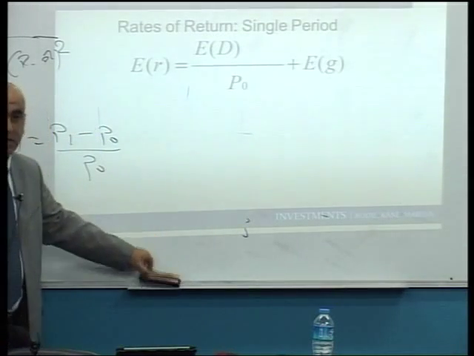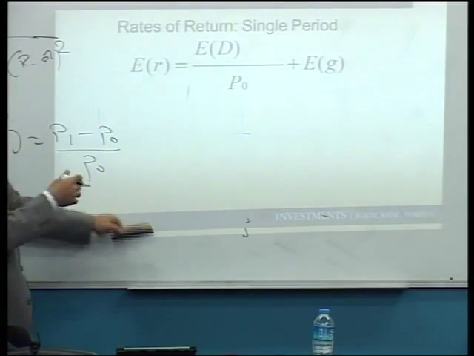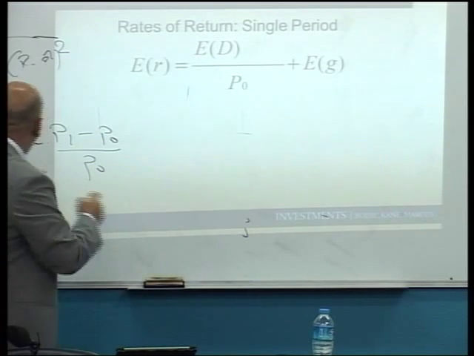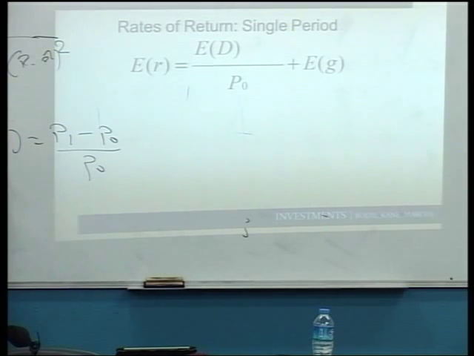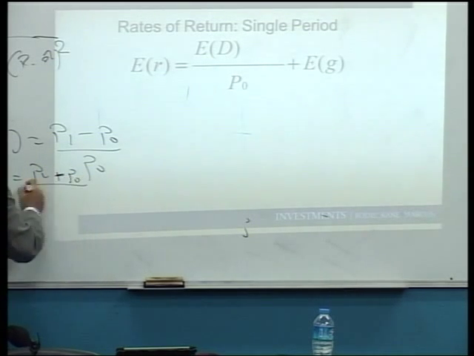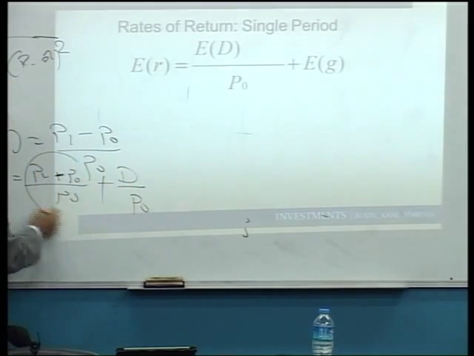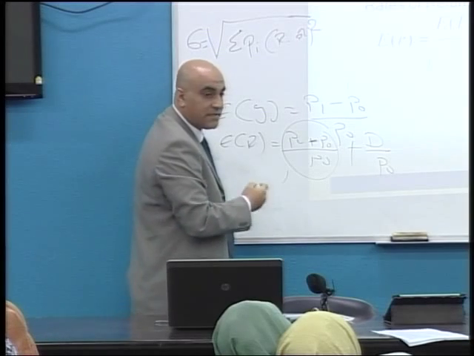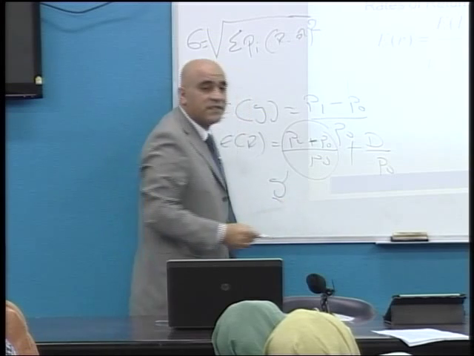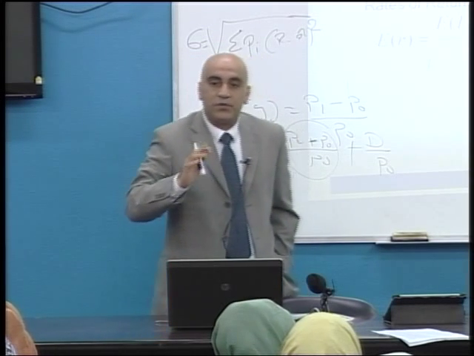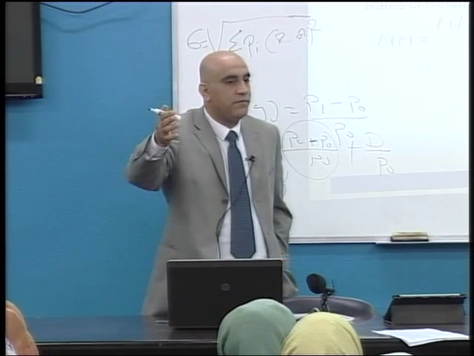I explained this in chapter 1. Just to put things in different ways, to remind you of the formula, the expected return is equal to P1 minus P naught divided by P naught plus dividends divided by P naught. This one is the capital gains, which is the growth. Why do we call this the growth? Because it could be the growth of the stocks.